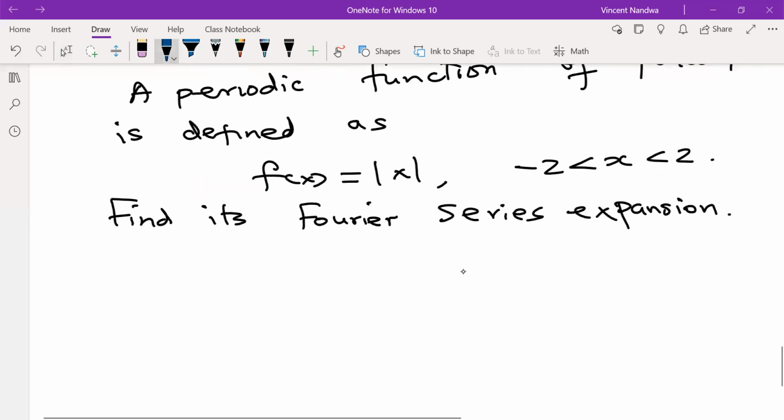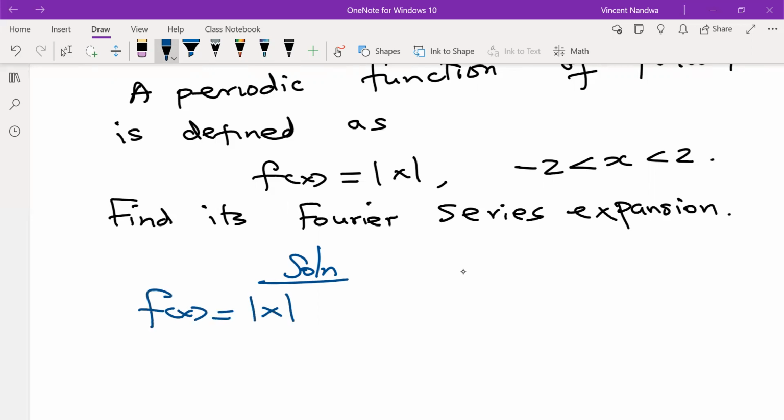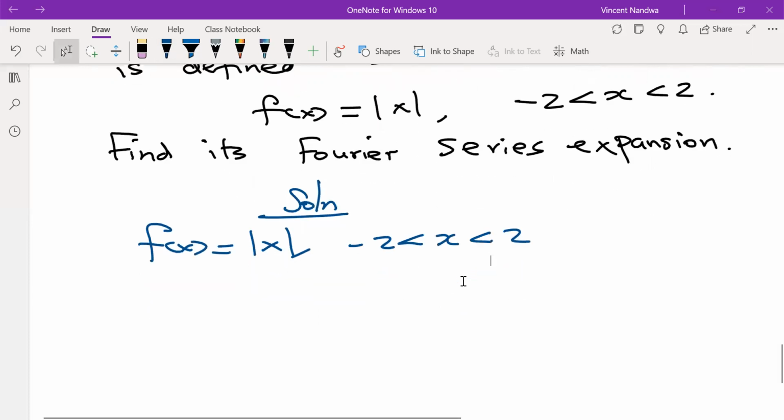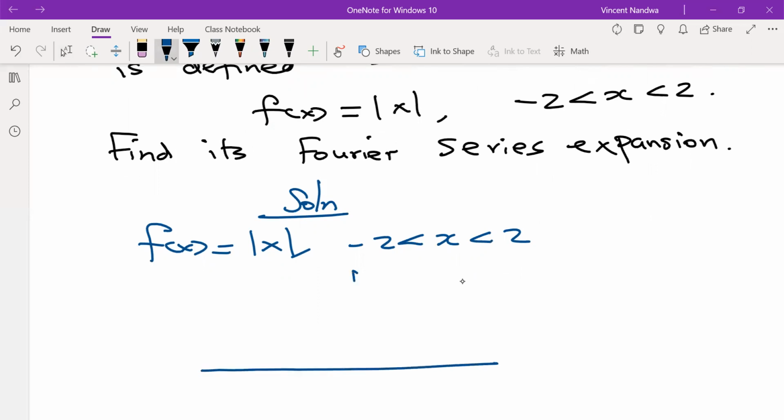So solution. Our interest, we have the function f of x given by absolute value of x defined from minus 2 to 2. And by the way, you can sketch this. This is 0, this is minus 2, this is 2.